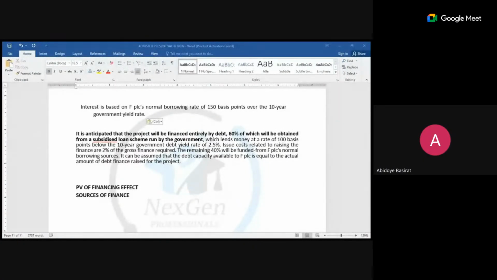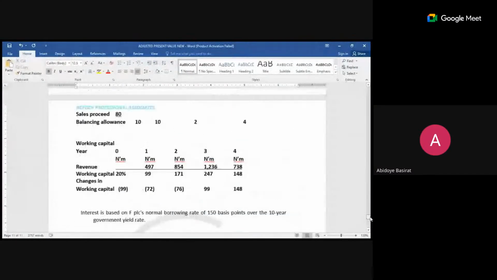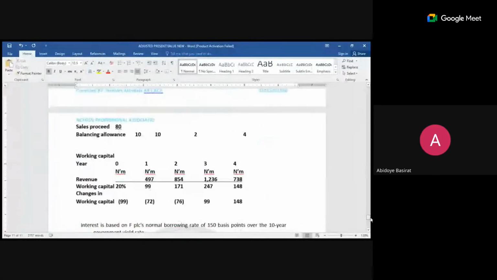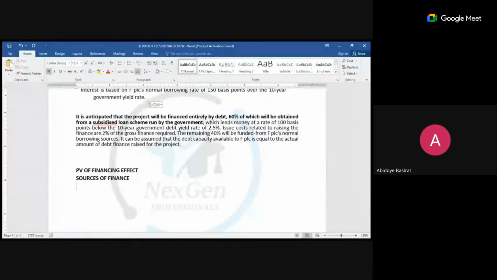I have a question. It's concerning, for example, the beta of equity. We don't have any information about the proxy company. There's no beta of equity, no beta of assets, no value of debt for the proxy company. But we have the one related to the main company. Can we use the main company to determine the cost of equity of the on-going company? Yes, you can use it. There is a clause that the examiner will write that you need to take note of.